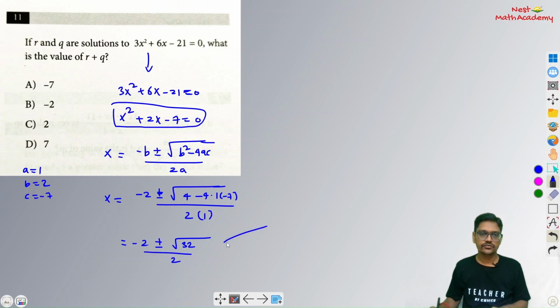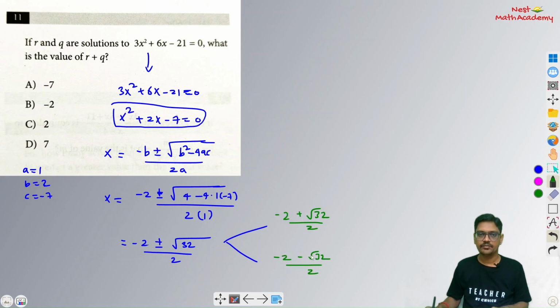Now the two roots I can write as minus 2 plus minus root 32 by 2. Now we need to take the plus one and the minus one: minus 2 plus root 32 by 2, and minus 2 minus root 32 by 2. These are the roots.